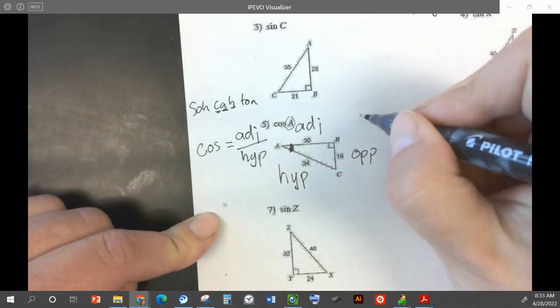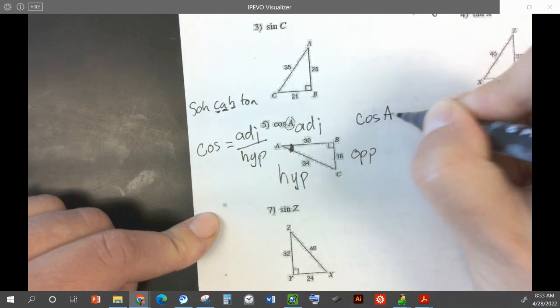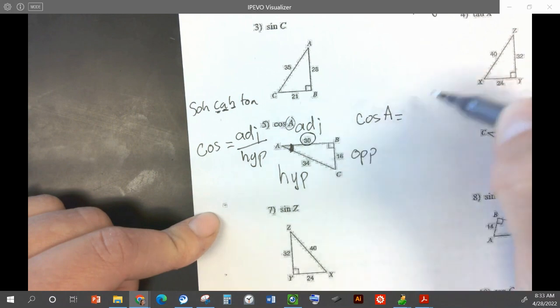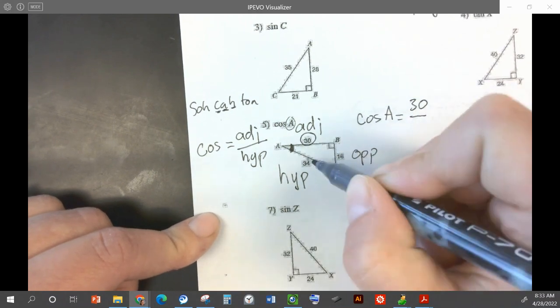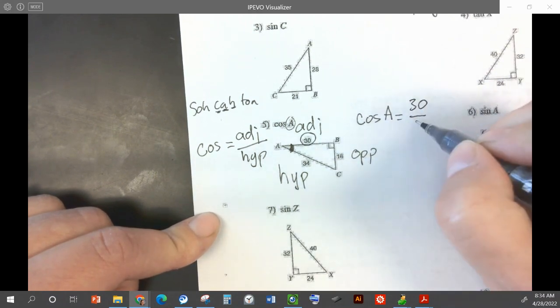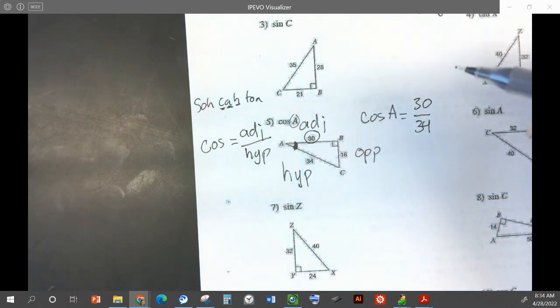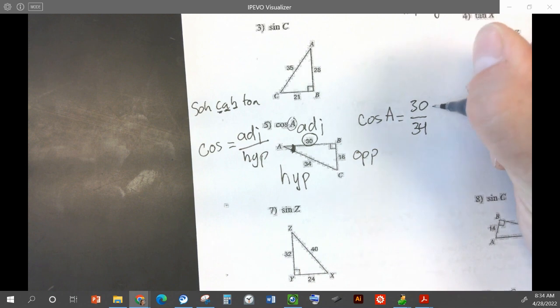So we're going to look at the cosine of angle A, which is adjacent, 30, over our hypotenuse, which is 34. So then we need to think, is there a number that we can divide 30 by and also divide 34 by? These are both even, so we could divide out at least a 2.